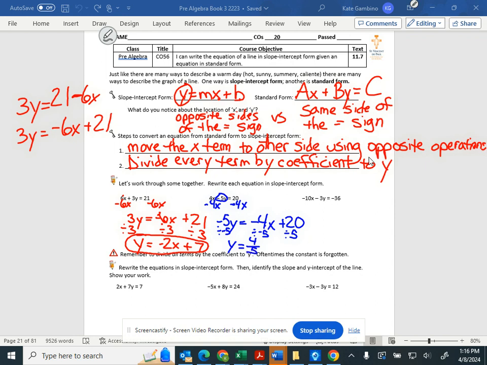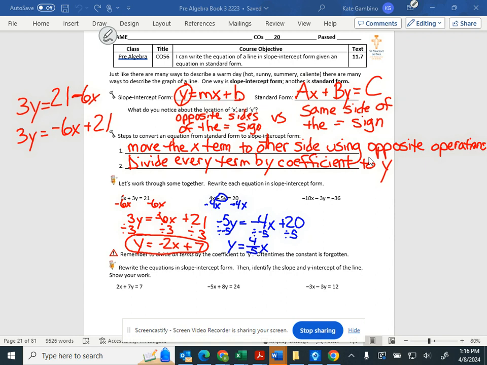Well, you are so close. Keep it as a fraction, friends. It's a slope. When we've been working with slopes, we have never put decimals for slope. Slope-intercept form has to have the slope for the y. Keep your fraction as a fraction. Negative 4 divided by negative 5, a negative divided by a negative is a positive.